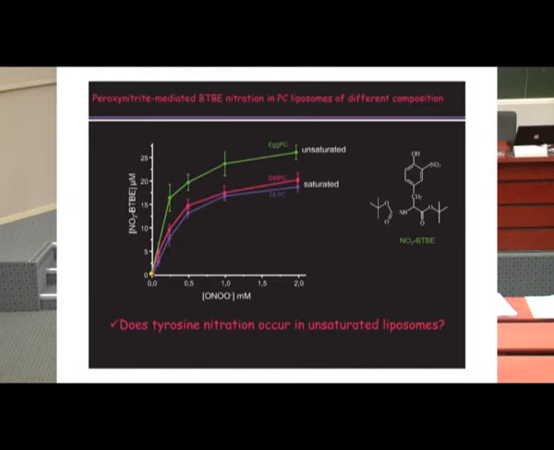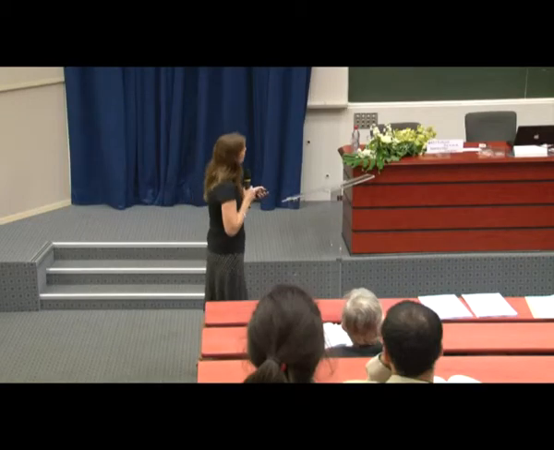However, when we performed the same experiments in the presence of unsaturated fatty acids, we saw that nitration yields were higher. So this took us to the idea that maybe lipid peroxidation processes that were taking place within the membrane were fueling somehow the nitration process.